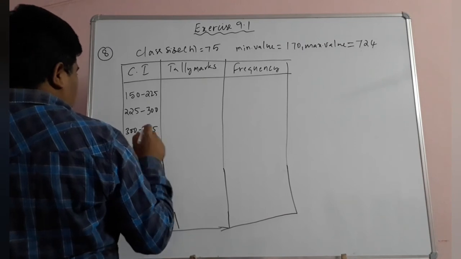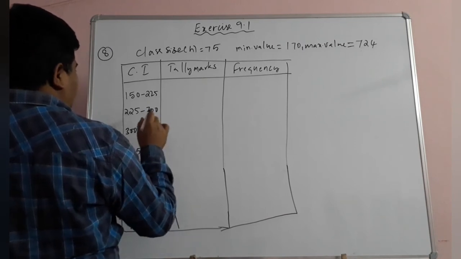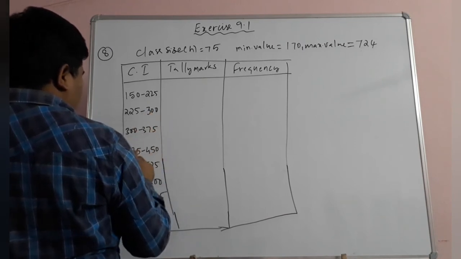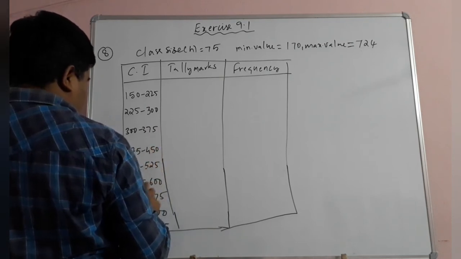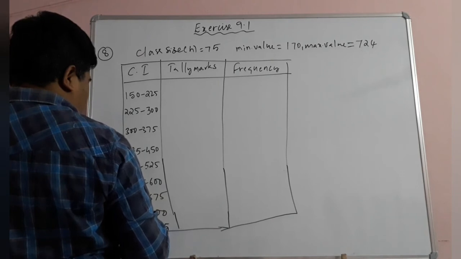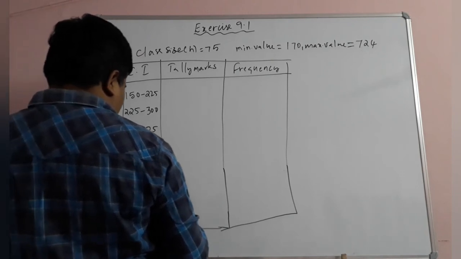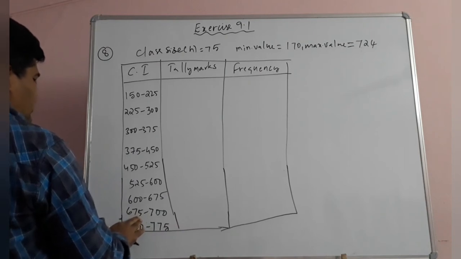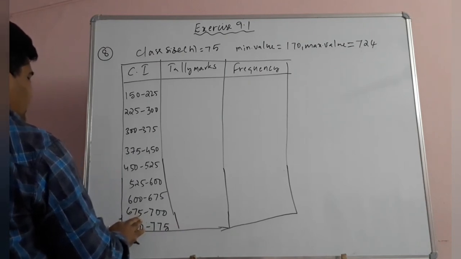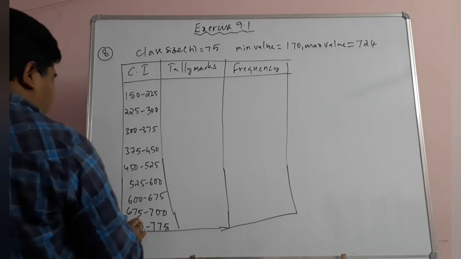150 to 225, 225 to 300, 300 to 375, 450 to 525, 525 to 600, 675 to... Actually here, children, 675 plus 75 is 750.